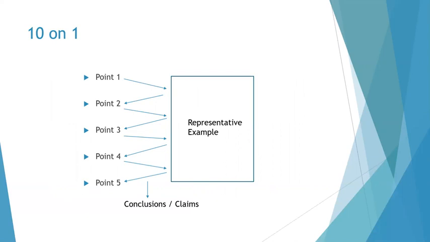So you have a point and you use that to prop up an idea or a representative example. And then you go to your second place in the text where you have this observation, and you point out how that's a recurring theme. So we have this bouncing back and forth between points and your idea. In doing that, we come out with a conclusion or a claim, a so what moment about the text. And this is what we want to be doing when we're writing analytically.